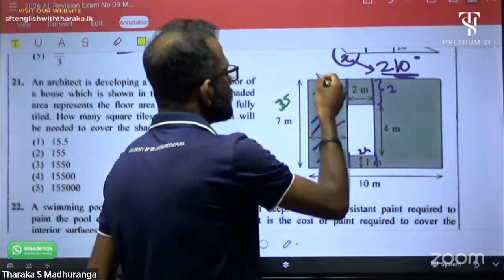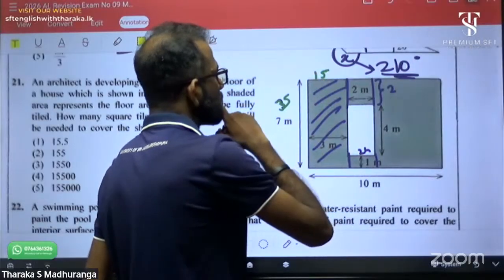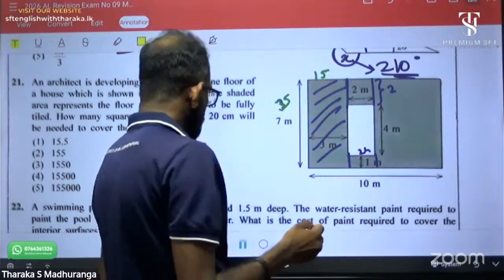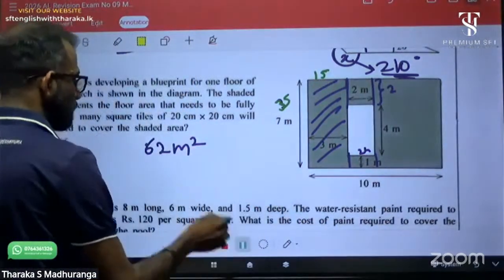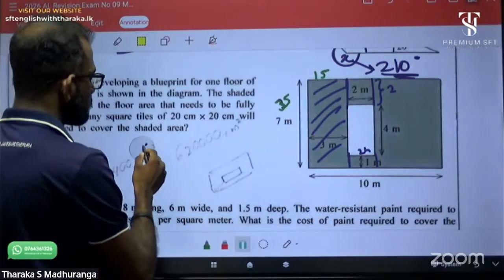This part is 3 meters, no? 3 into 5, 15 required. Then 35 into 15. Right?